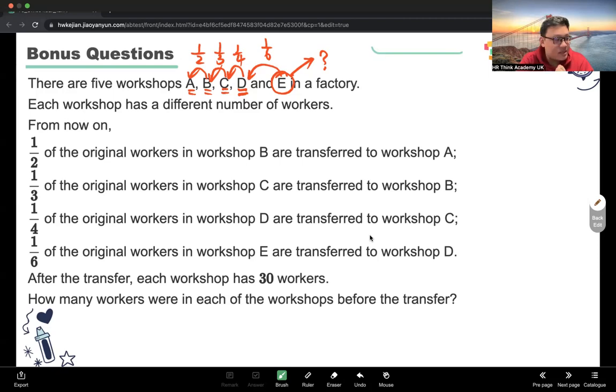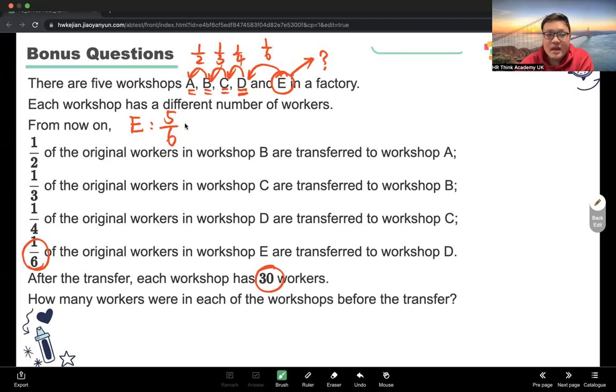Okay, guys, I think time is up. So let's take a look at this question. For this one, we're going to start from E. As for E, you will see that 1/6 of the original workers in E are transferred to D. And after that, E will have 30 workers remaining. And because 1/6 of the original workers go to D, that means 5/6 will remain, right?